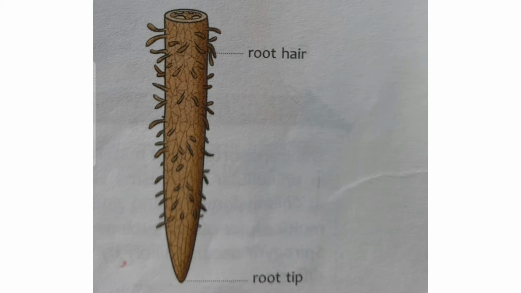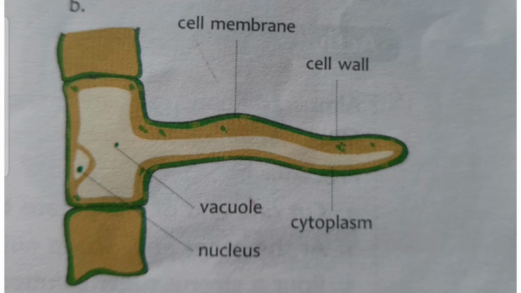The root hair cells are in close contact with the water surrounding the solid particles. Now I am going to show you a magnified view of the root hair. Here you can see the cell membrane, the cell wall, the cytoplasm, the vacuole as well, and the nucleus.